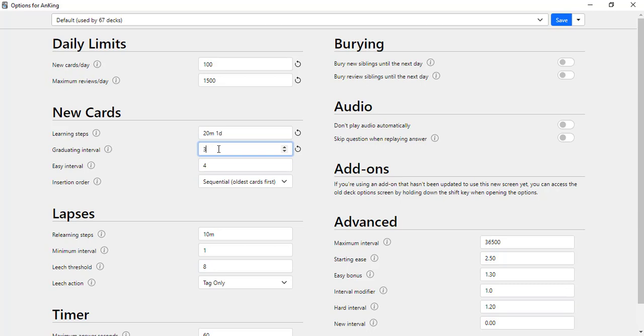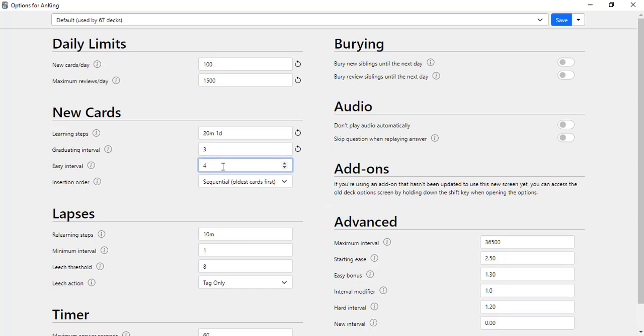The new interval equals current interval, which is 3 days, times ease factor, which is 250% or 2.5, which has not changed, and the interval modifier is 1, so you can ignore this for now. So current interval is 3 days, and the ease factor is 250%. So 2.5 times 3, which is 7.5. So it will basically ask me the question again in 7 or 8 days. That's what the new interval formula is.